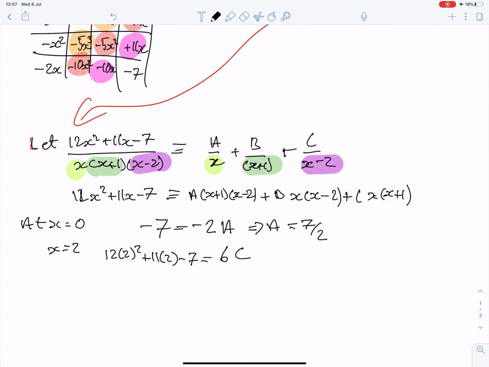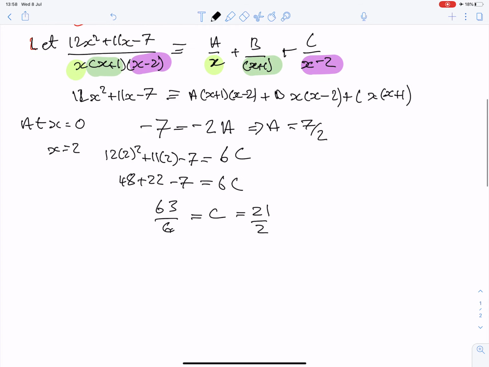So tidy that up. We get 48 plus 22 minus 7 equals 6c. So that's 63 over 6 equals c, 10.5. Yeah, we could simplify that down, 21 over 2.